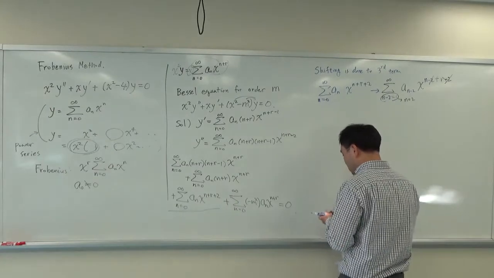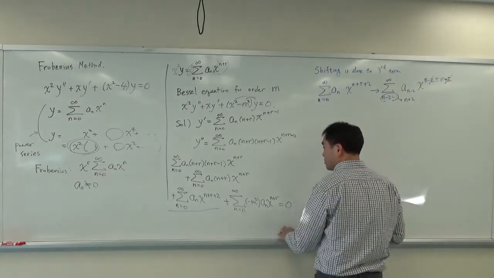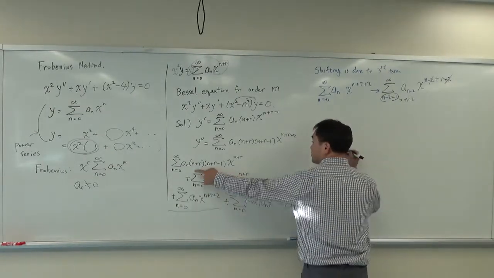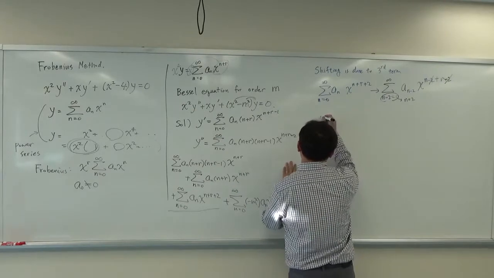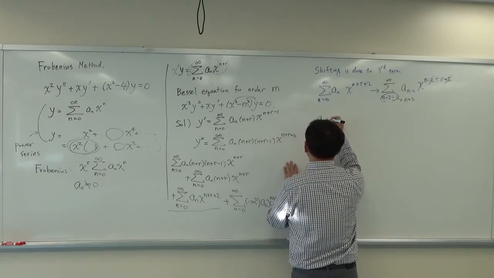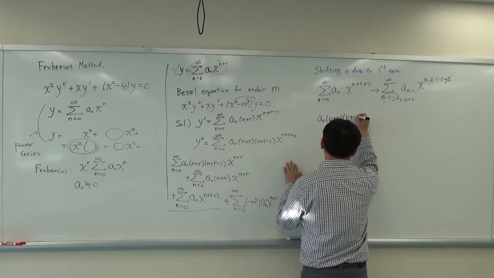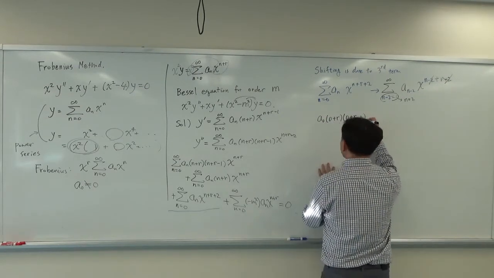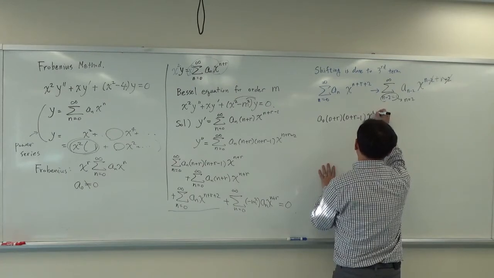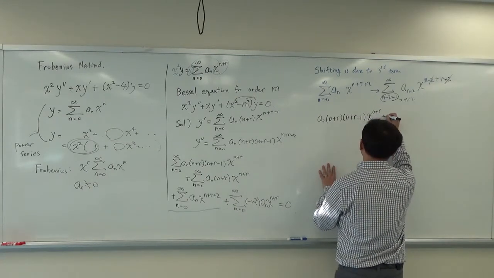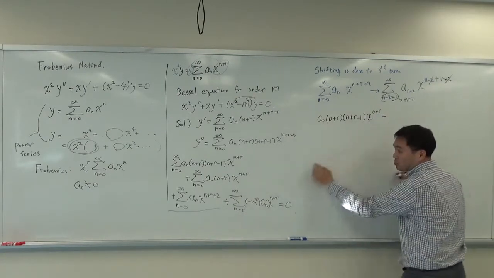So this very first one, when n is 0, you get a_0 (0 plus r)(0 plus r minus 1) x to the 0 plus r. That's what you get when you plug in 0 to this first one.